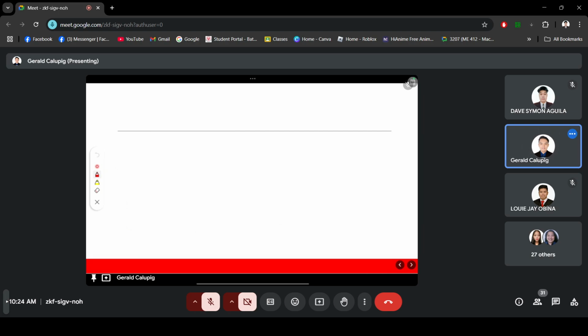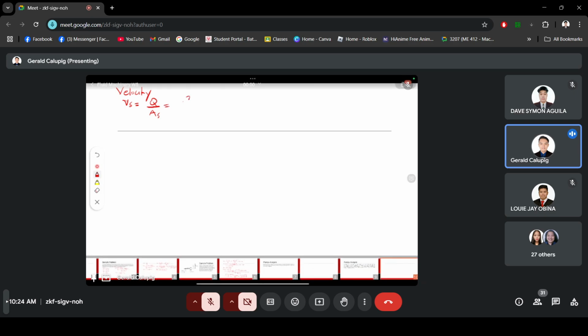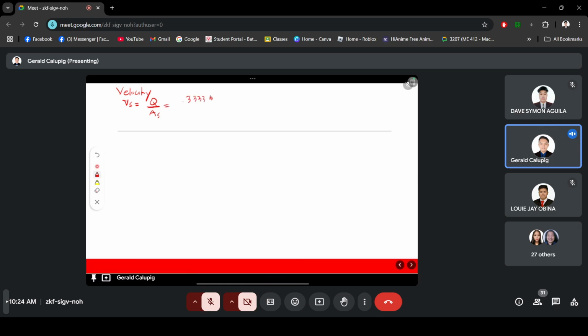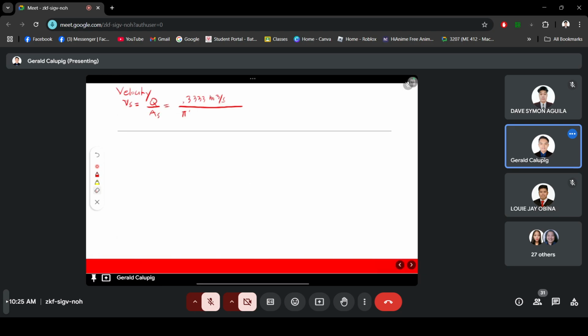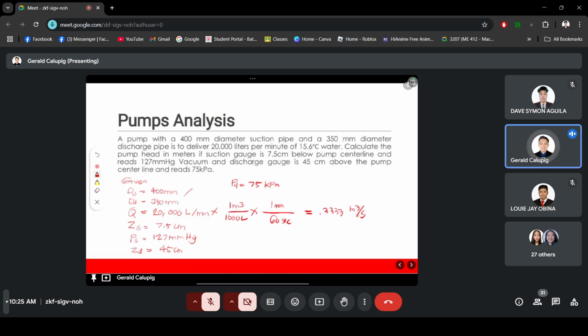So let's solve the VD or the velocity. We can have Vs is equal to what? Q over AS, right? Our Q is 0.3333 meter cube per second over pi over 4 times what is our D? 400 mm.